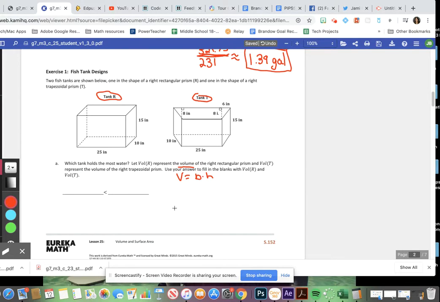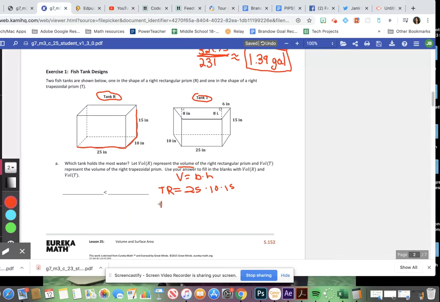So tank R, to find that we have to do 25 times, so that's our length, by 10, which is our width, by 15 for the height.